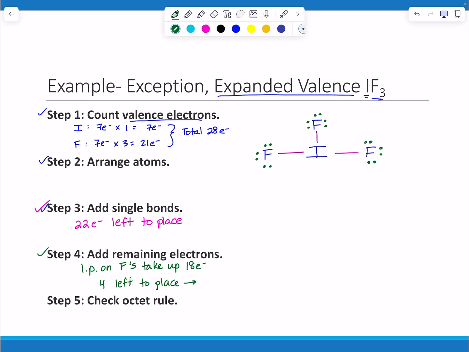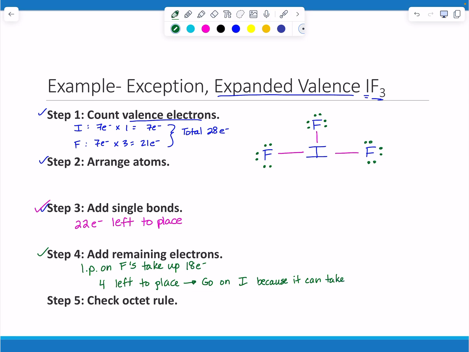And so where do they go? They're going to go where they can go. They're going to go on the element that's beyond the 3rd row. That is, again, not phosphorus or sulfur or chlorine. So they're going to go on the iodine because it can take them.